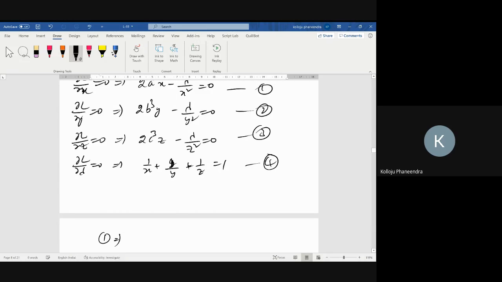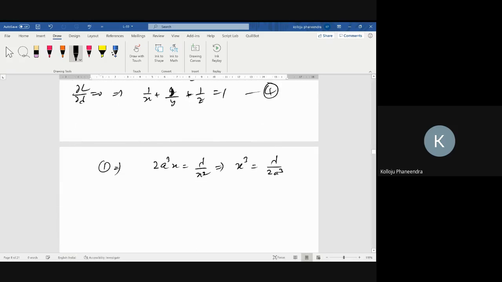First one, 2a cube x equal to lambda by x square. From this, what is x cube equal to? Lambda by 2a cube. Is it correct? What is lambda equal to? It is better if I get it in terms of x, y, z.